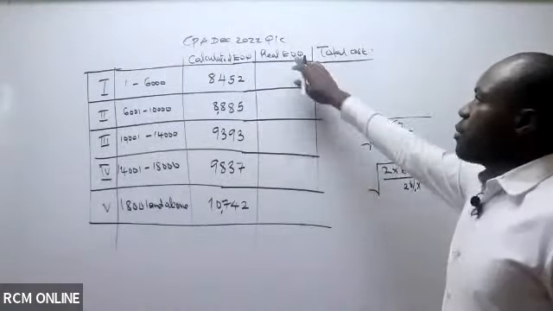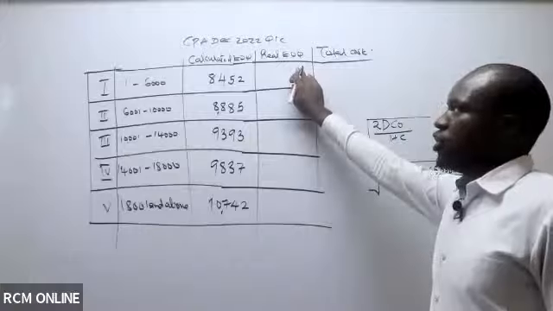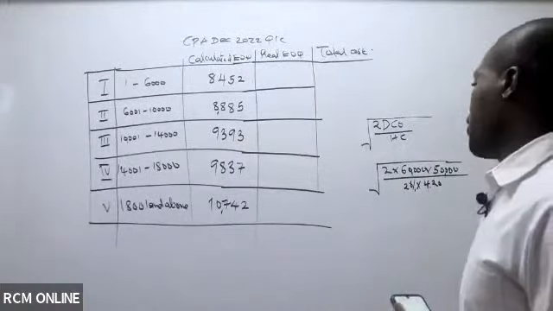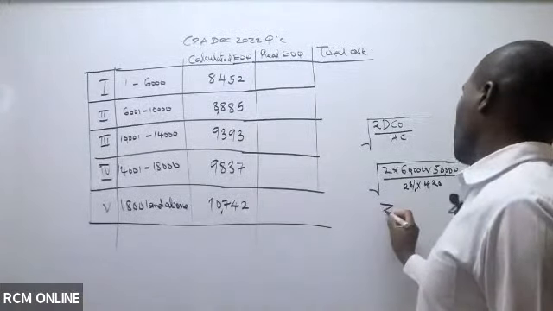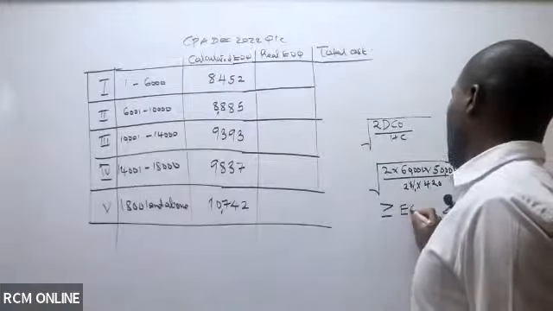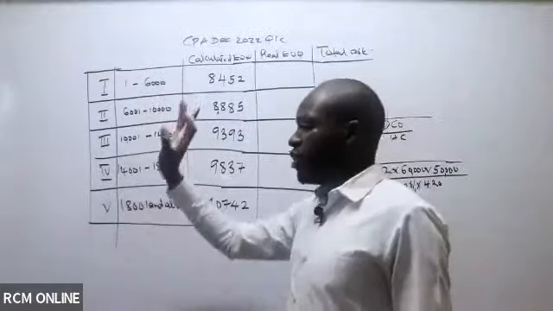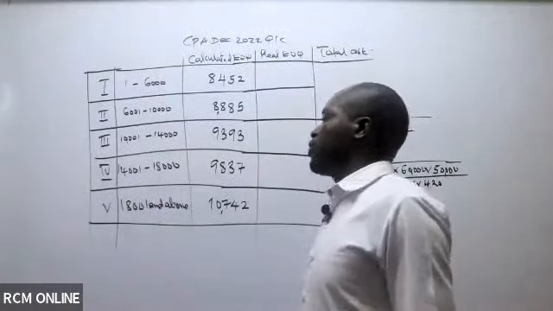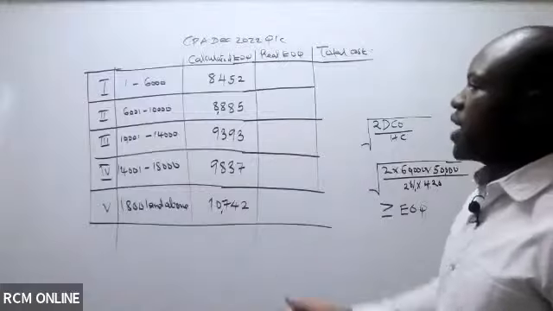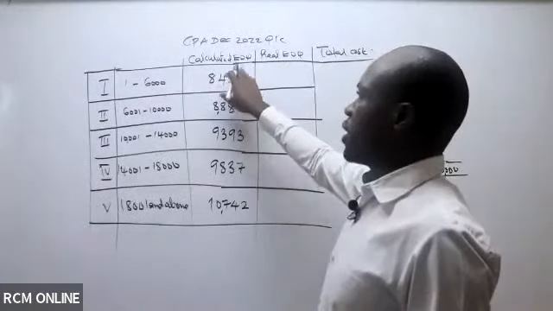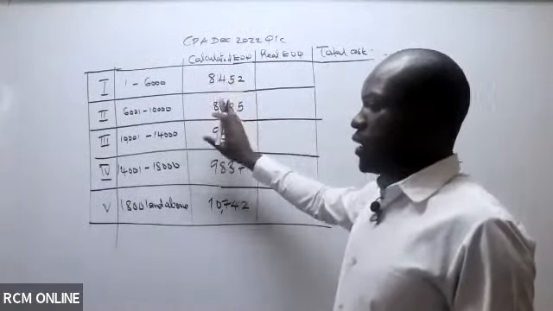Let's now pick real economic order quantity. The rule says you can take anything that is greater than or equal to economic order quantity. The supplier says you must purchase within the range to enjoy the quantity discount. So when you look at 84.52, that is the calculated economic order quantity, right?